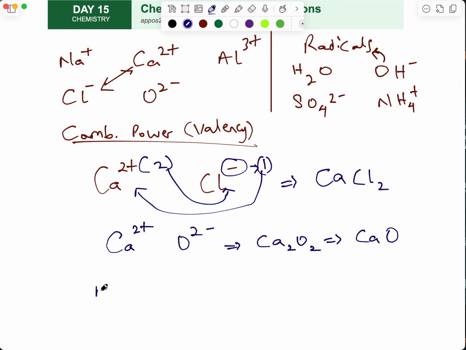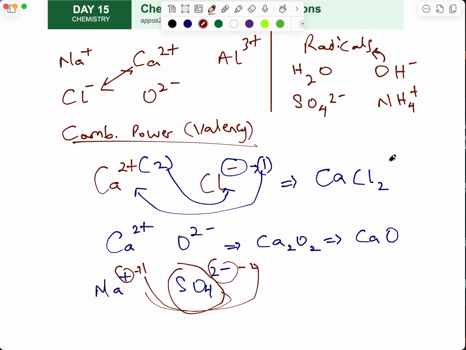So let's say you have Na+ and you have SO4 2-. So how will this form? The entire SO4 2- is going to stand in just like you would treat a usual atom that is carrying a charge. So this is having a combining power of 1 and this is having a combining power of 2. So therefore, 1 is going to be for SO4 and then 2 is going to be for Na.